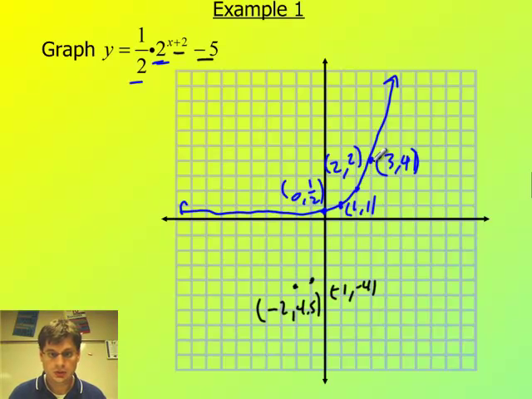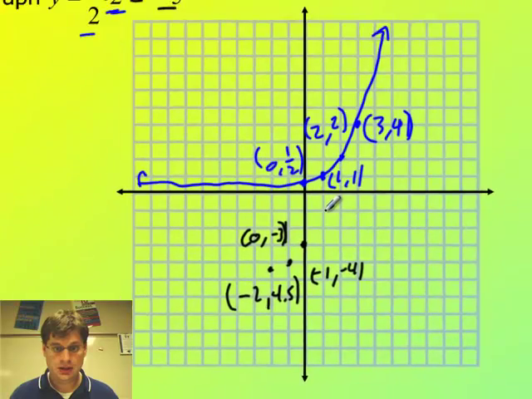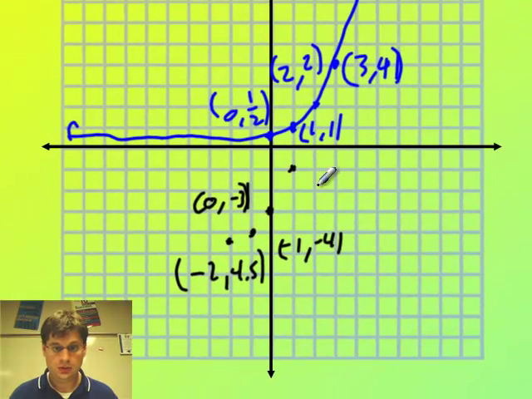Then (2, 2), subtract 2 from there, down 5, and that would put us at (0, -3). And then my last point, (3, 4), we take that left 2, so 3 minus 2 is 1, and then 4 minus 5 makes that -1. So that would be (1, -1).